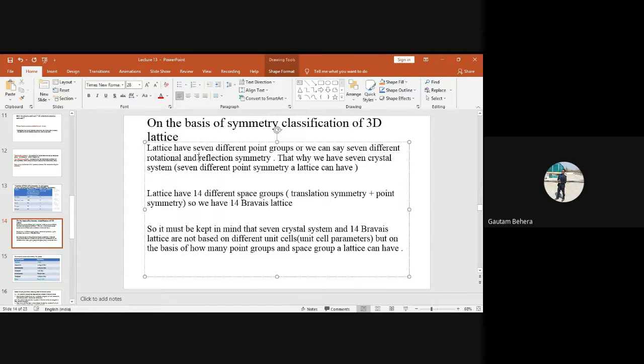7 or 5? Are you sure it is 7? It is square, primitive rectangle, body-centered rectangle, oblique, and hexagonal.